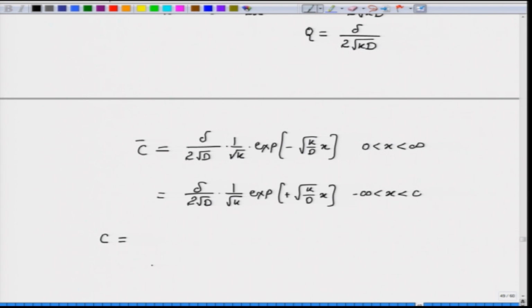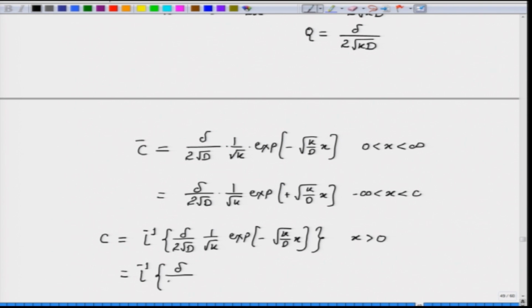So, C will be L inverse of delta by 2 root d into 1 by root k exponential minus root k by d x for x greater than 0, and equal to L inverse of delta by 2 root d 1 by root k exponential plus root k by d x for x less than 0.